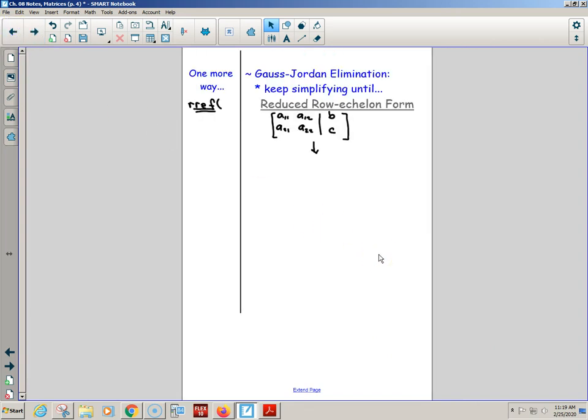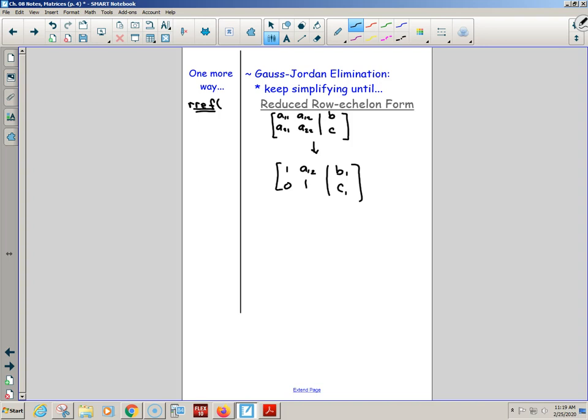So the best way for us to take short notes on this is if we start with a certain matrix. If we're going to row echelon form, we would go here with whatever is in the first row, second column. It'll be something different, because row operations have been performed, so it won't be the same numbers.